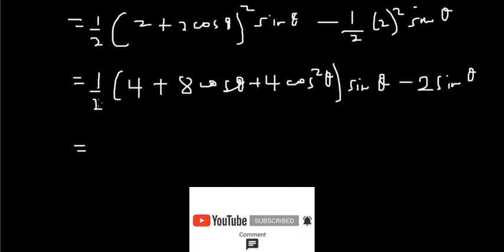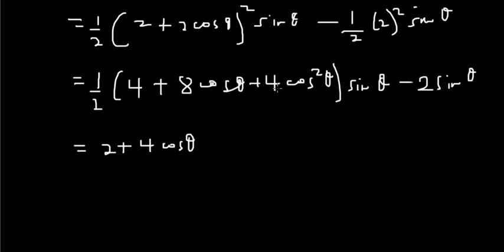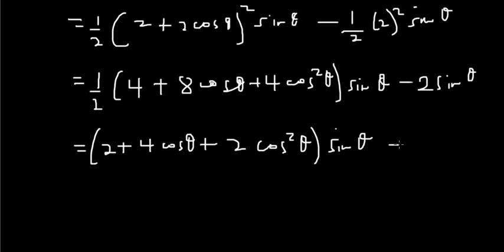Multiplying 1 over 2 throughout, you end up with 2 plus 4 cos theta. This will give us 2, this will give us 4, and this will give us 2. So we have plus 2 cos squared theta, all multiplying by sine theta. Then you subtract that from this expression, 2 sine theta.